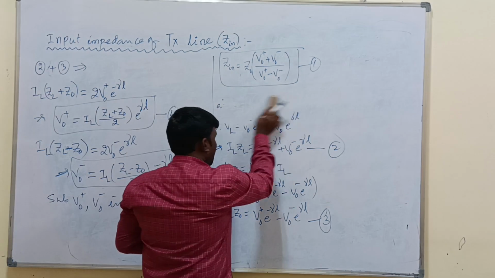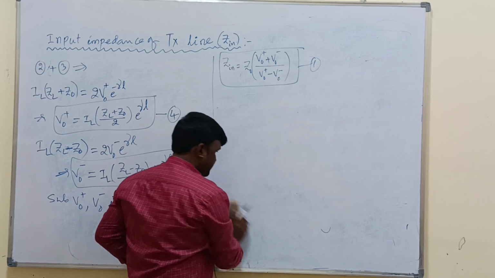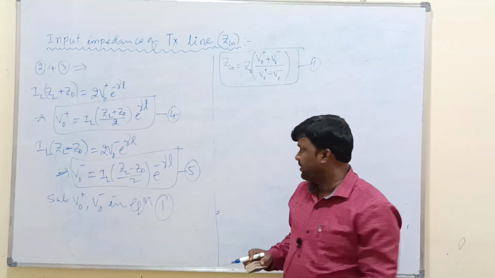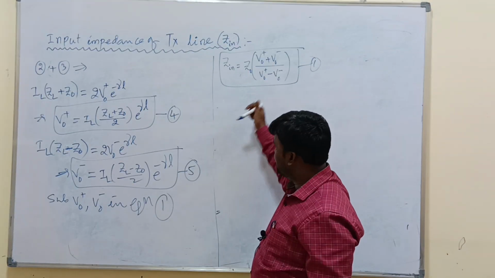So we can write now ZIN. Basically we require that ZIN only. Therefore substitute V naught plus, V naught minus in equation 1. What is equation 1? This one.